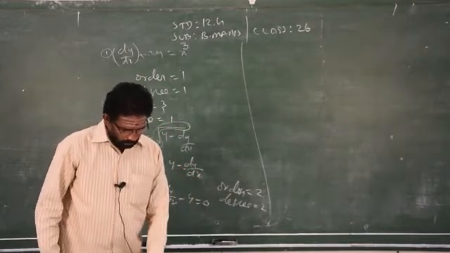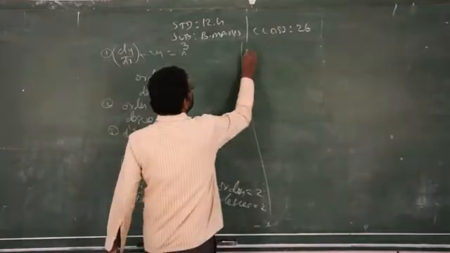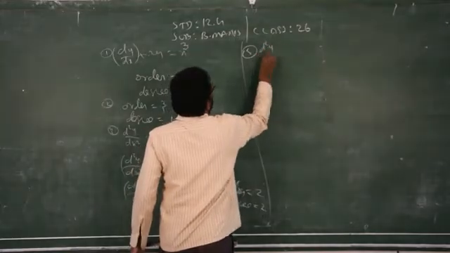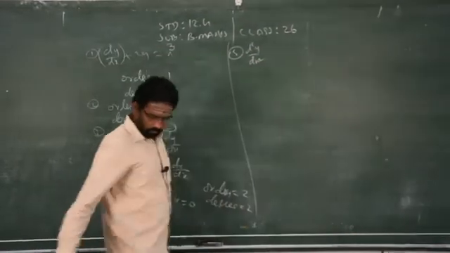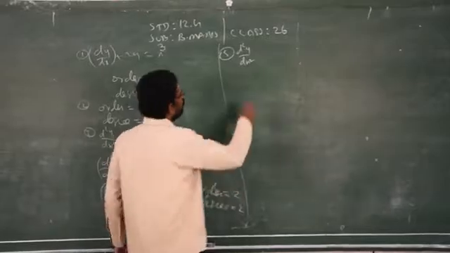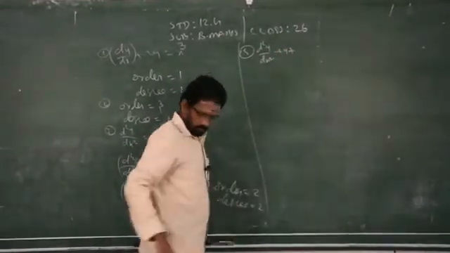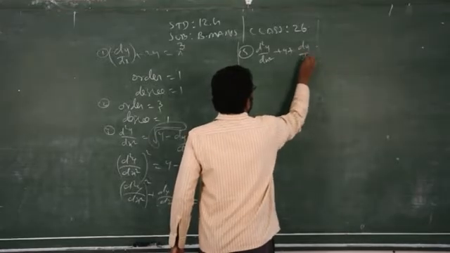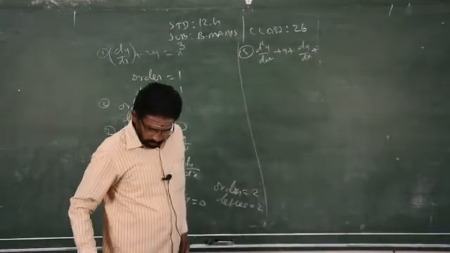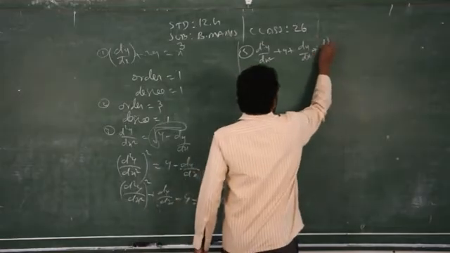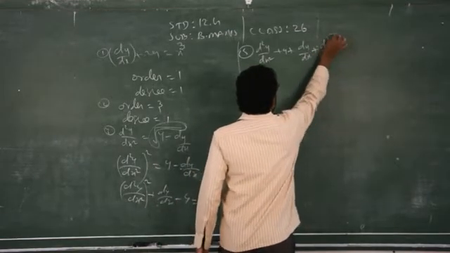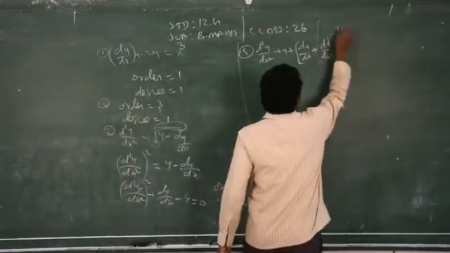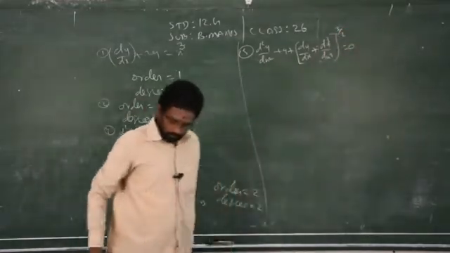See question number 5. Question number 5, that is d square y by dx square plus y plus dy by dx plus d cube y by dx cube whole to the power 3 by 2 is equal to 0.